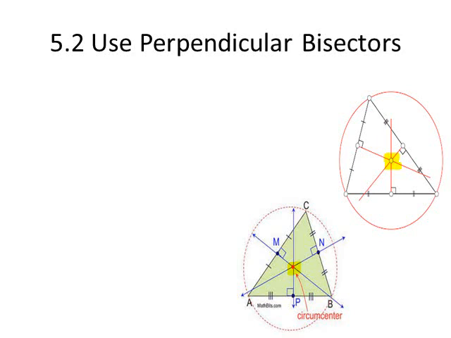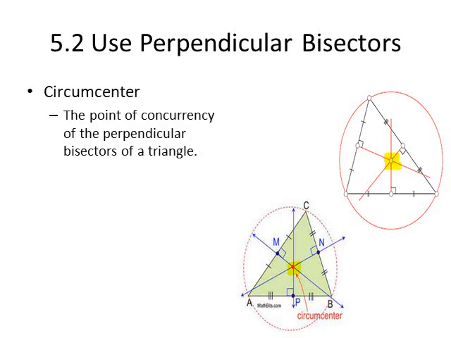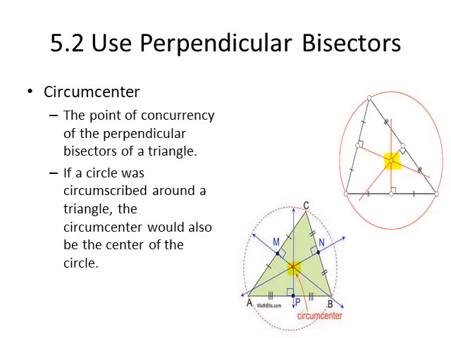If I want to draw a circle crossing through the vertices of the triangle, its center will be the circumcenter. So it's the center of the circle drawn through the vertices of the triangle. Don't forget about that. I can draw a circle through this triangle's vertices because its center is the circumcenter.